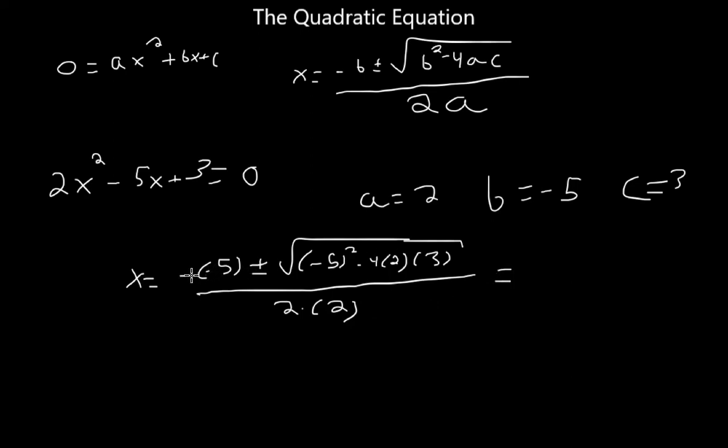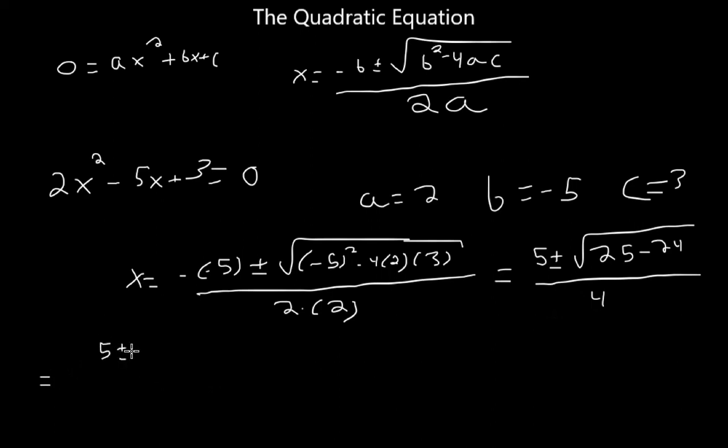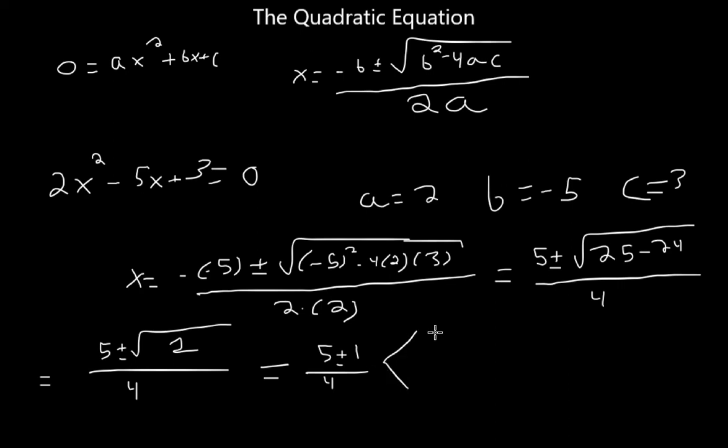So negative 5 times negative is positive 5, plus or minus the square root. Let's compute this. We have 25. 4 times 2 is 8. 8 times 3 is 24. All divided by 4. Furthermore, we have 5 plus or minus the square root of 25 minus 24, which is 1, divided by 4, which is equal to 5 plus or minus 1 divided by 4, because the square root of 1 is 1, which gives us two equations.